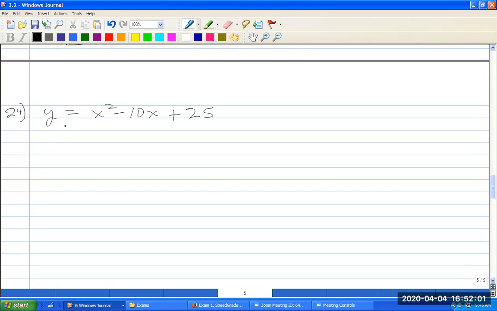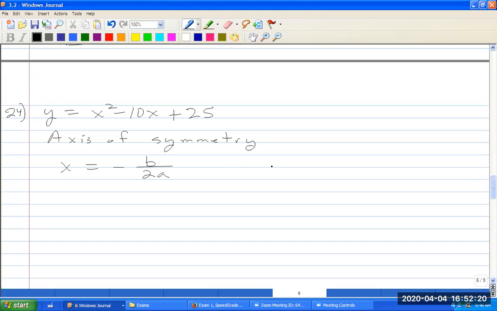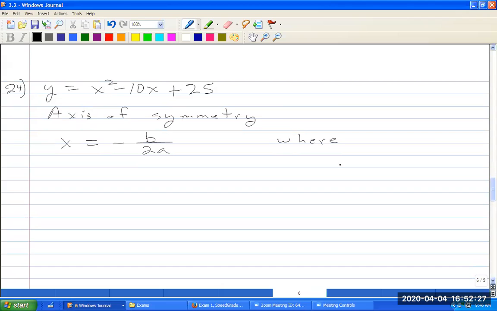The axis of symmetry is, well, x equal -b over 2a. And this is for quadratics in general form, y equaling ax squared plus bx plus c.